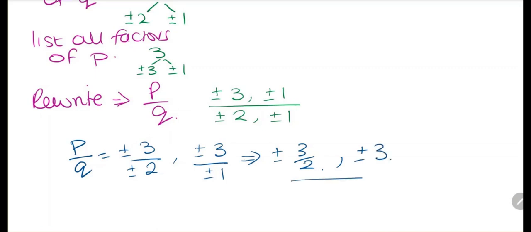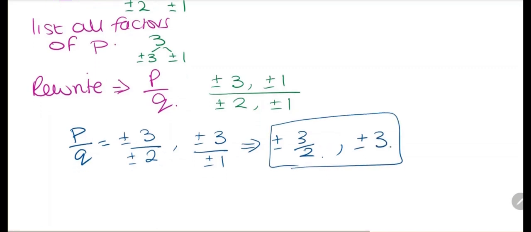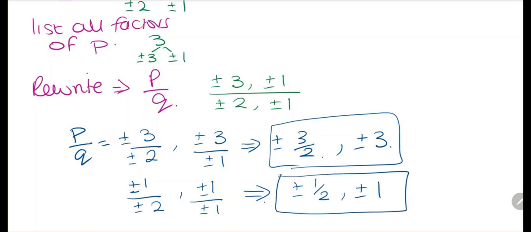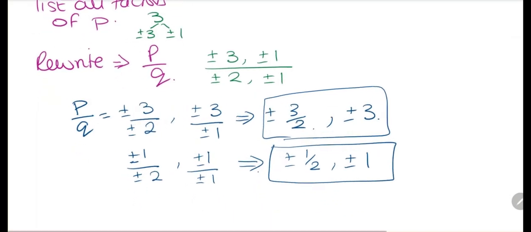So these are our two options here. And if we wrote the 1, we'd have plus or minus 1 over plus or minus 2, or we could have plus or minus 1 over plus or minus 1. And this would give us plus or minus a half or plus or minus 1. So these are our 4 possible roots.